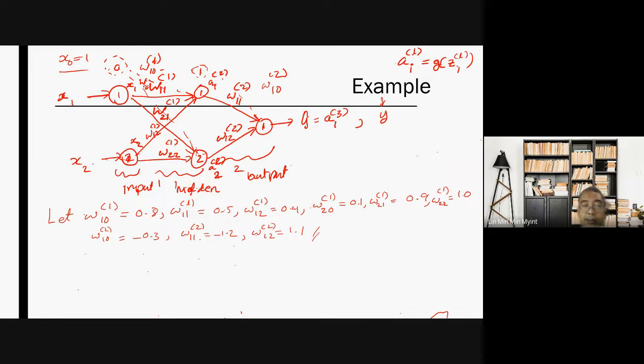And then, to keep it simple, let's assume that H1 is equal to 1 and H2 is also equal to 1.